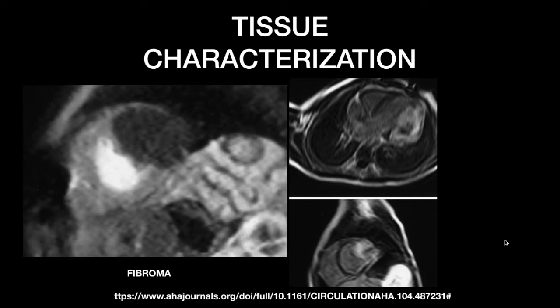So you may refer to the tissue characterization charts in different journals for different lesions, and that can give us T1 values, T2 values, how the early enhancement and how the delayed enhancement. But important factors to be described in a lesion is whether this lesion is benign or malignant, whether this is a primary cardiac or a secondary cardiac lesion.